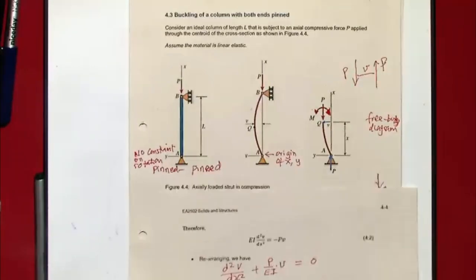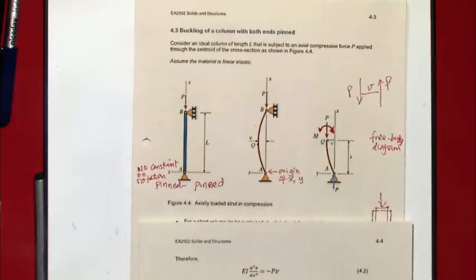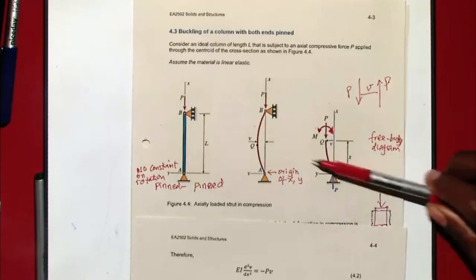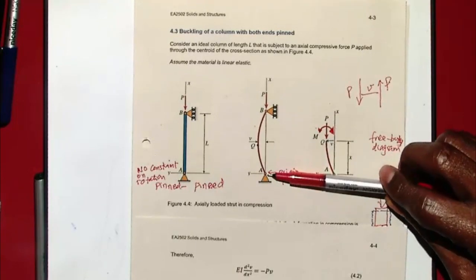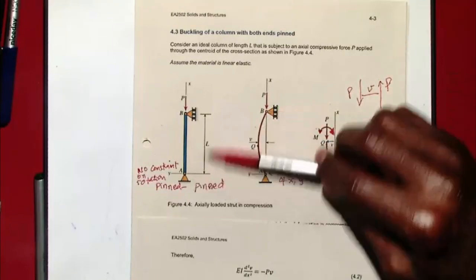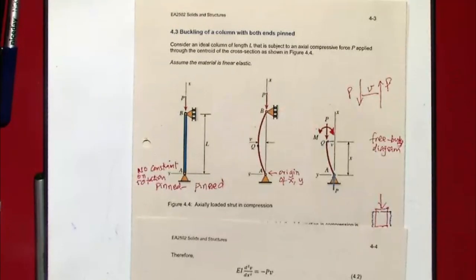That is the deformed structure. That is the origin, at this point x equals 0, and at that point x equals the length of the beam L. And it is pinned. So what is the deflection that we know at two locations that will allow us to find C1 and C2?